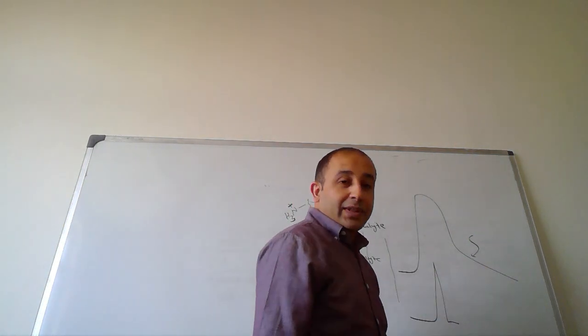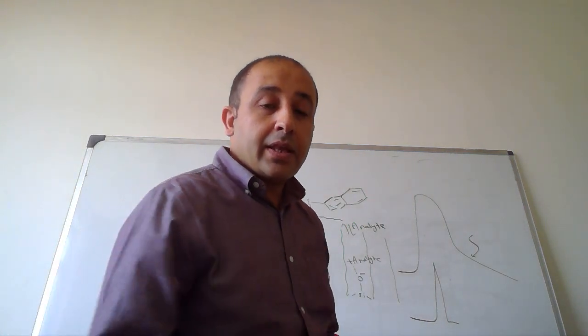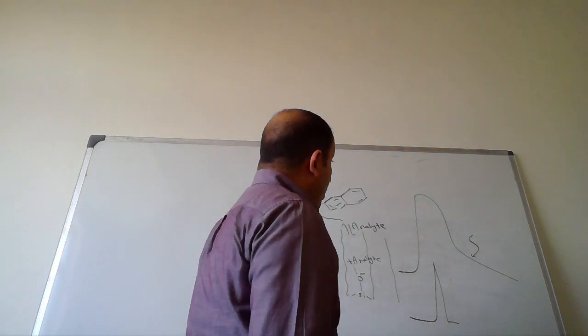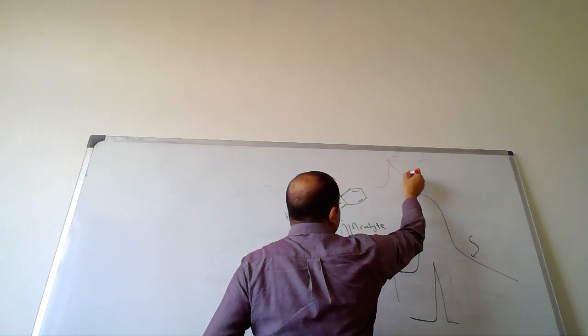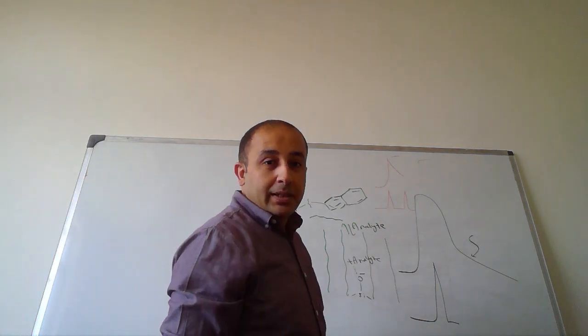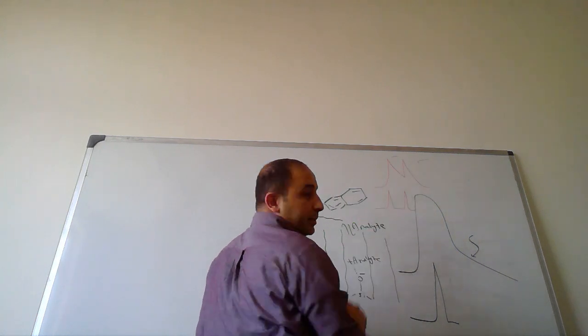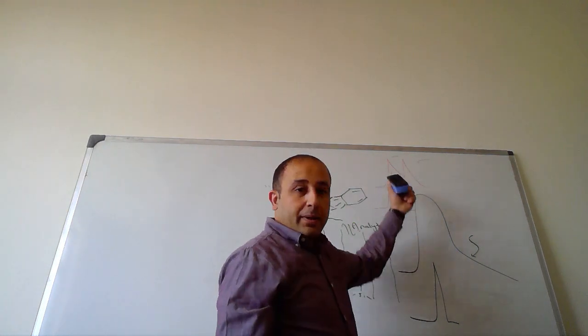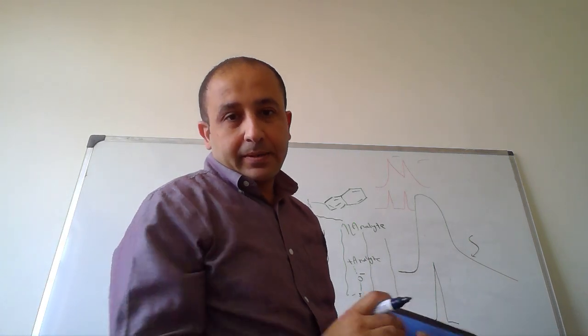Now, this source of tailing is nasty, and the reason is that once we have tailing, you cannot get two compounds separated perfectly. So they will be overlapped. Overlapping will make the analytes badly separated.